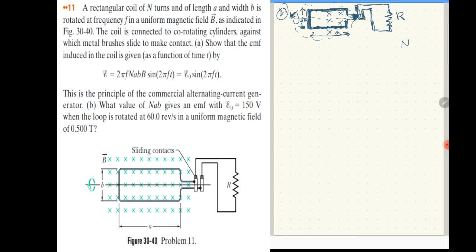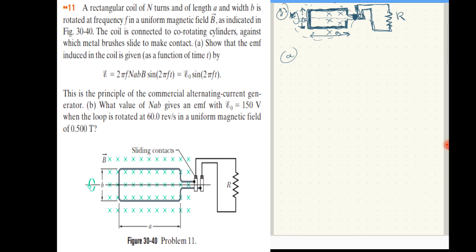So let's first do letter A, and let's do that fast. In order to calculate the expression for the electromotive force, which is kind of a potential, the only thing you have to do is calculate the magnetic flux across all of the coils.